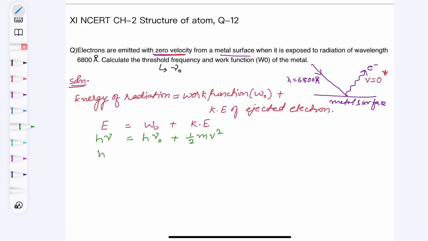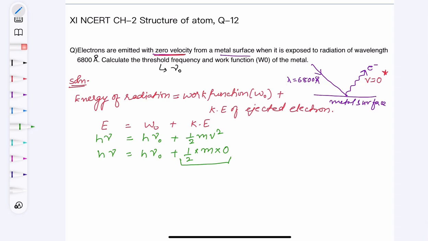Now here we know that the ejected electron was having velocity 0. So if we put the value of v as 0, then this whole term will be 0. That's why we don't take the mass of an electron, just m is written, because if you multiply that mass with 0, ultimately the answer would be 0 itself.